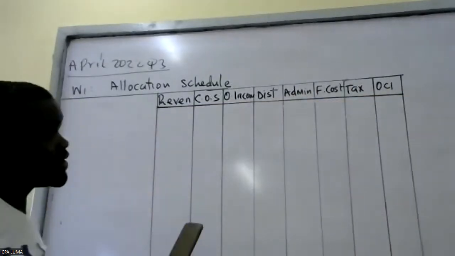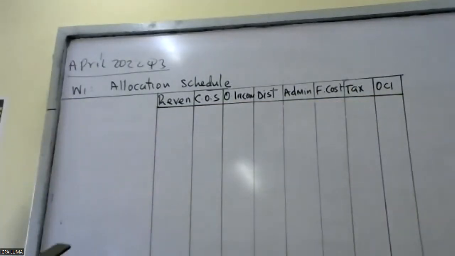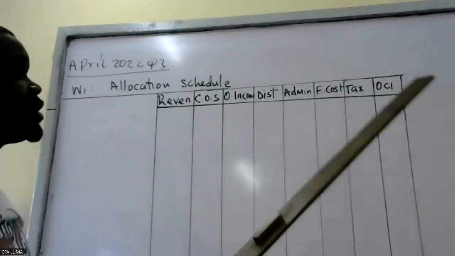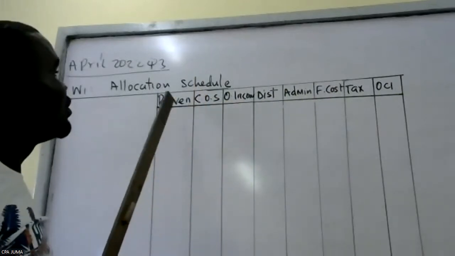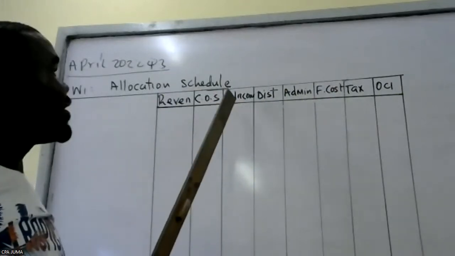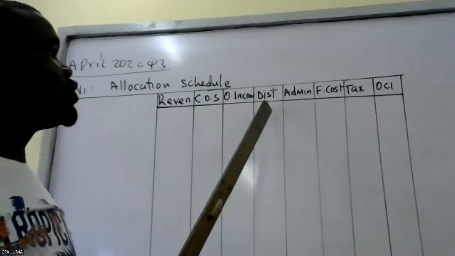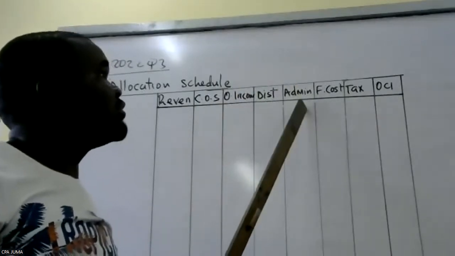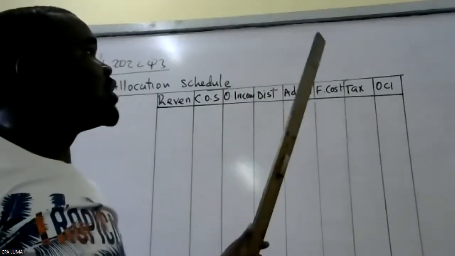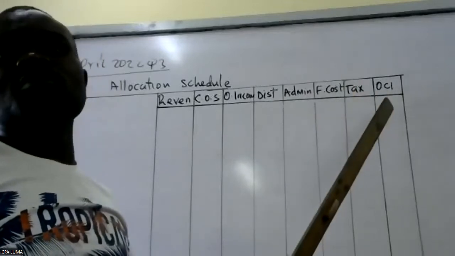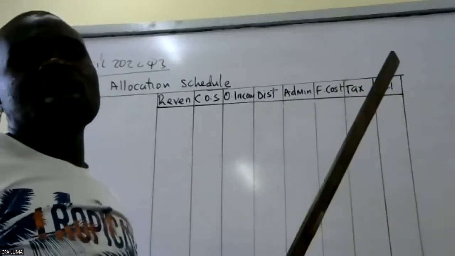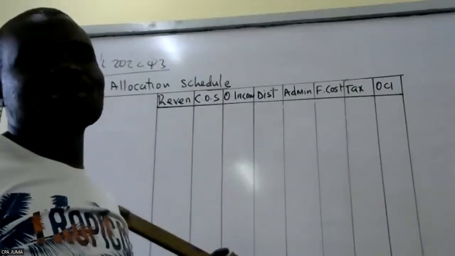So just in case, I repeat, this is revenue, cost of sales, other income, distribution, administrative, finance costs, tax, other comprehensive income. Other comprehensive income mostly is revaluation.